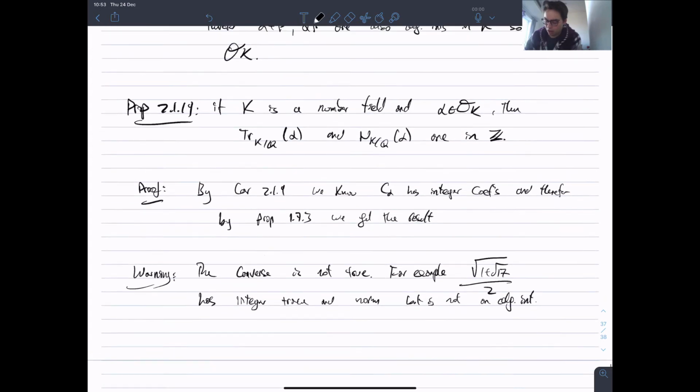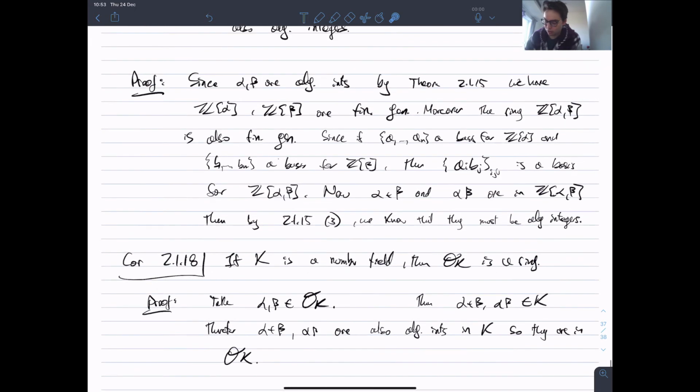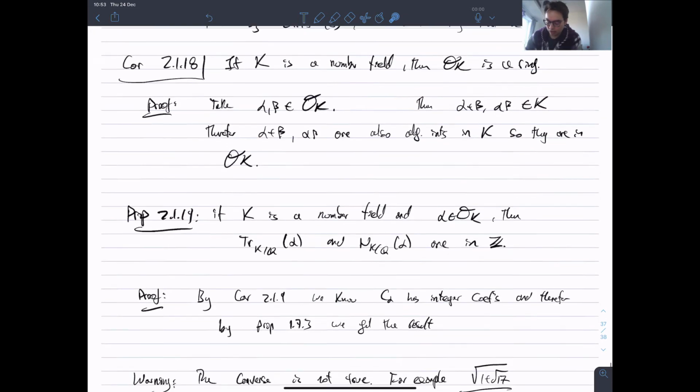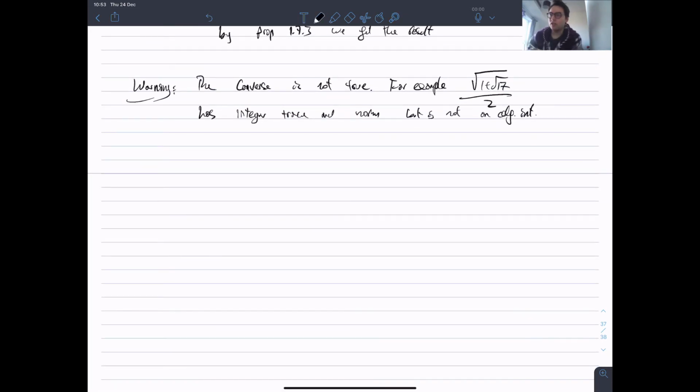Now, you might ask yourself, what does this ring of integers look like? You may be tempted to think it just looks like some Z[alpha]. Maybe this is what the rings of integers always look like. It's not always the case. The rings of integers can be slightly larger, but they're always at least this big. So what's my next proposition?